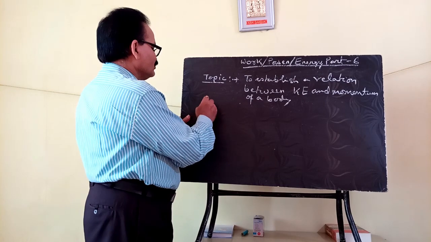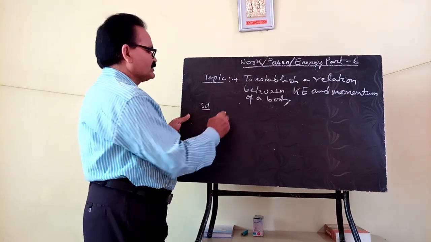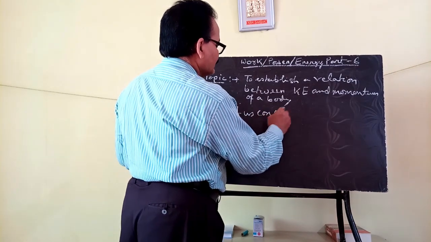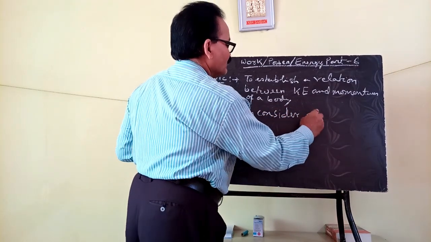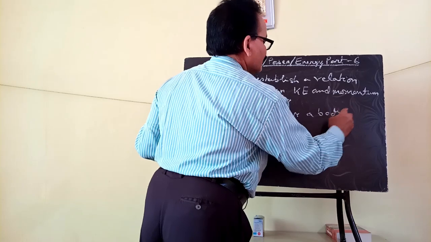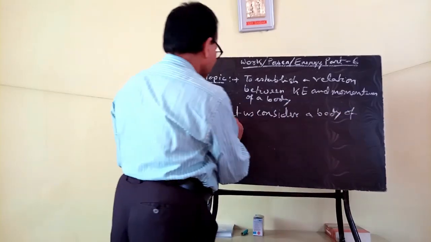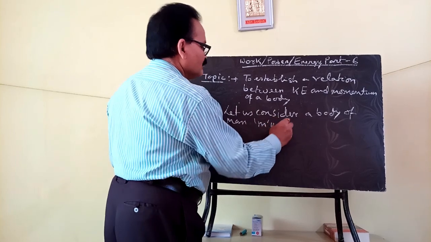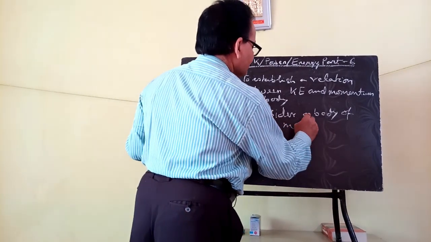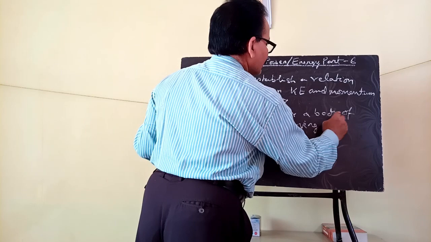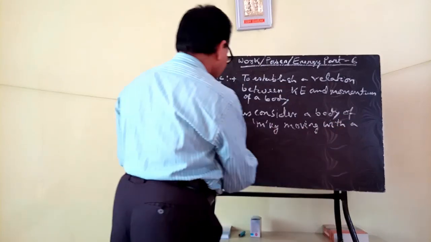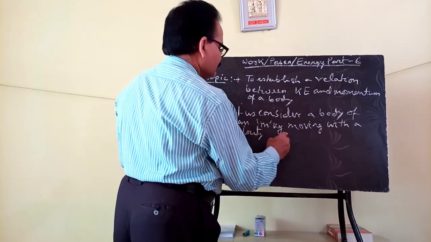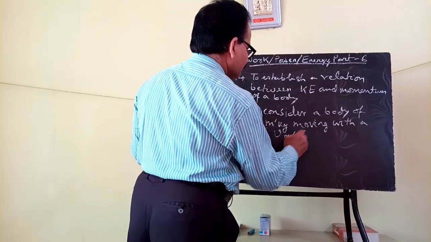Okay, so in these topics you have to start like this. Let us consider a body of mass m kg moving with a velocity v meter per second.